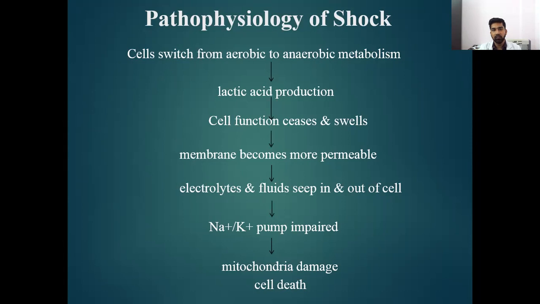So this is the pathophysiology of shock. All this starts with the cell switching from aerobic to anaerobic metabolism, lactic acid production, and cell function ceasing. So this is an order-wise pathophysiology of how shock occurs.